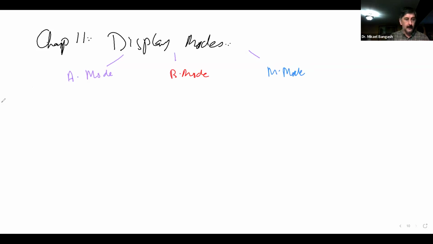So one thing to remember is, in A mode, what does A stand for? In B mode, what does B stand for? And in M mode, what does M stand for? Now, guys, each of these modes is going to display the information along two axes.